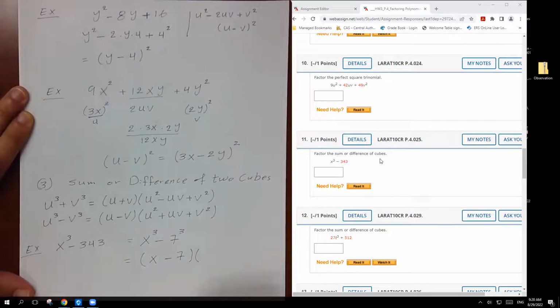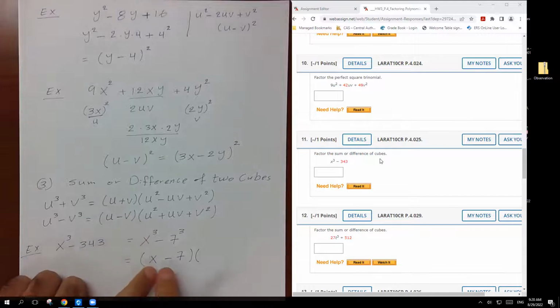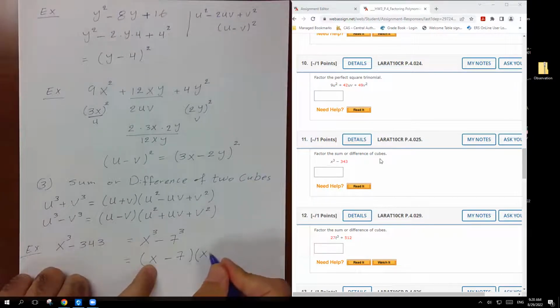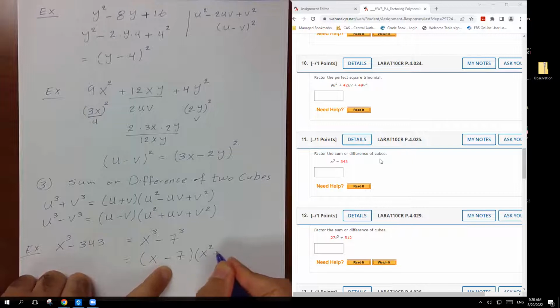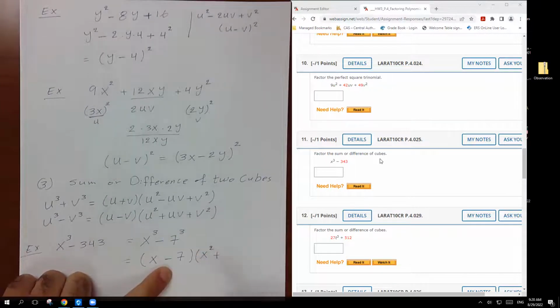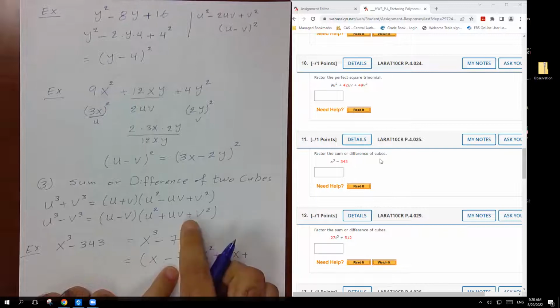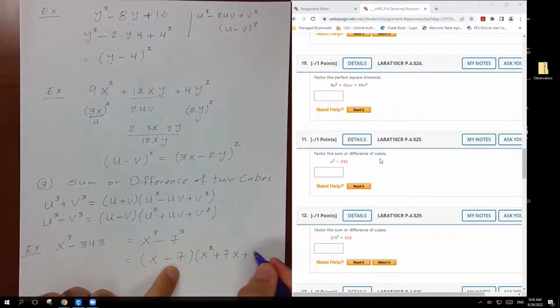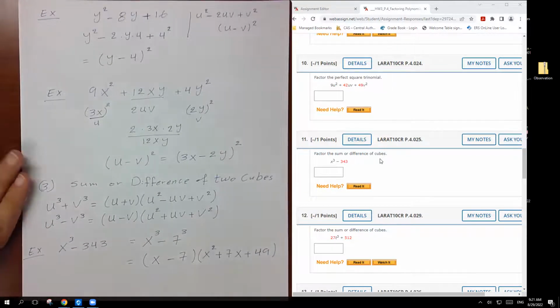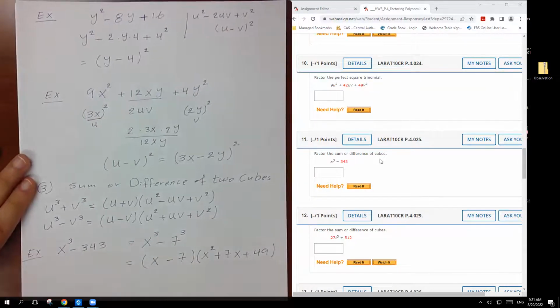Then I'm going to open another parentheses using this: this one squared, opposite sign, now I'm going to multiply the first one times the second one, so x times 7 is going to be 7x, plus the second one squared, so it's going to be 49. That's it for this example. This is the difference between two cubes. Let's do another example. Write down these.